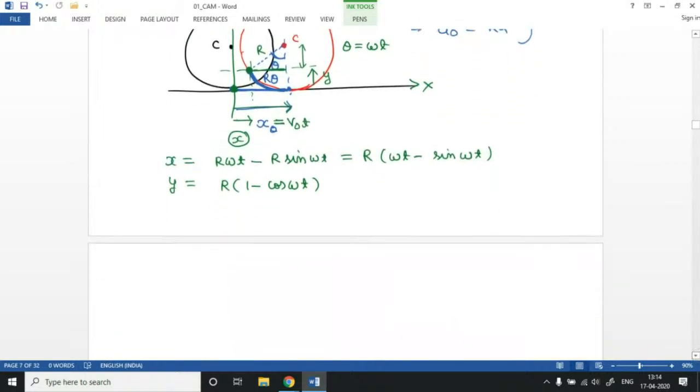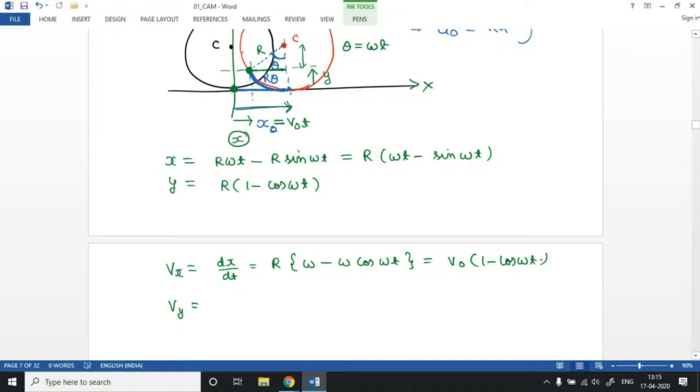We are also interested in finding the velocity along the x-axis and the velocity along the y-axis of this point. We have already learnt about that, but using differentiation we can do that as well. So vx is dx by dt, which would be r omega minus r omega cos omega t, so r omega, that is v naught, into 1 minus cos omega t.